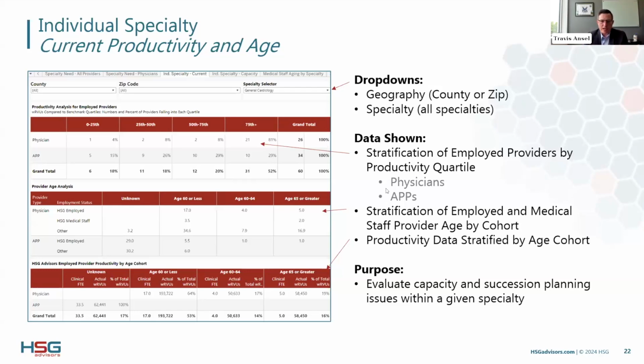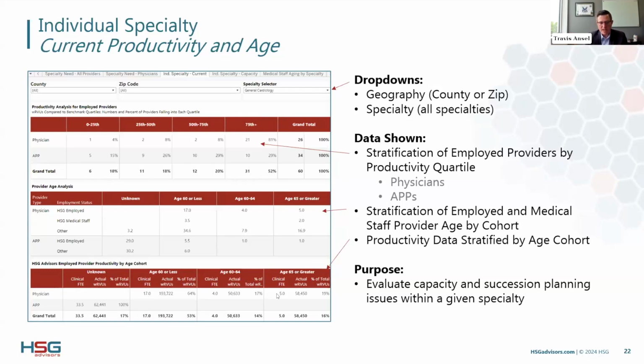And so when we combine those two tables together, our stratification of productivity and our stratification of age, we can say, for this particular client with this blind sample data, there's 17 clinical FTEs of physicians, age 60 or less, producing about 64% of the total work RVUs generated for general cardiology within this group.